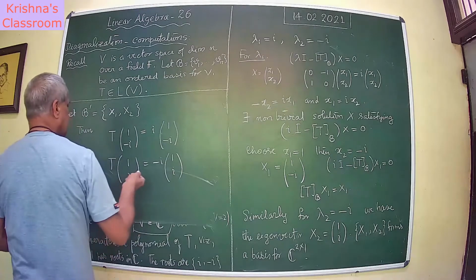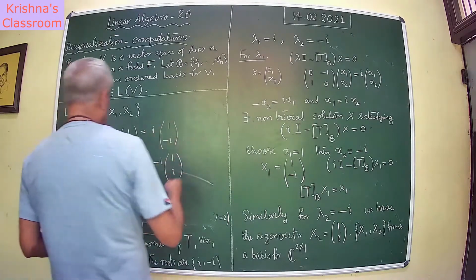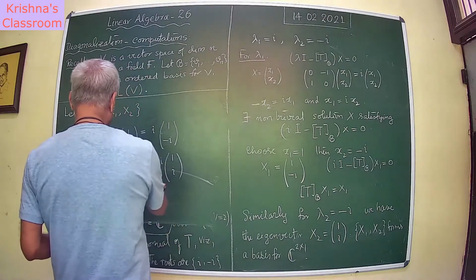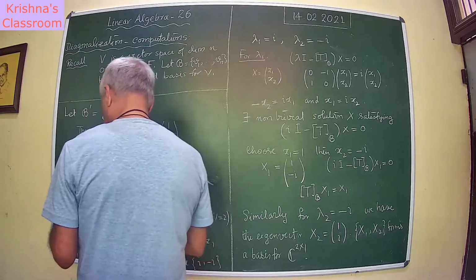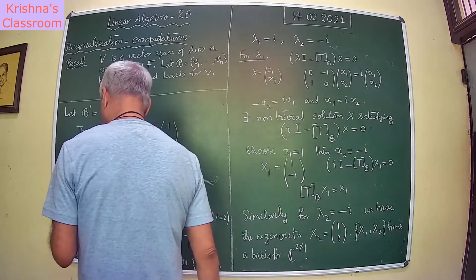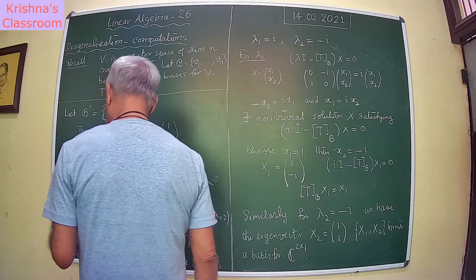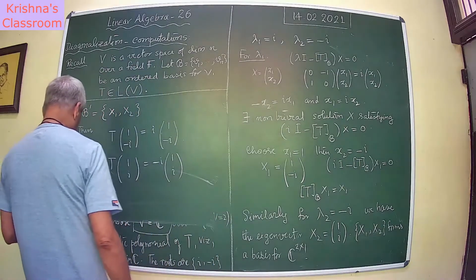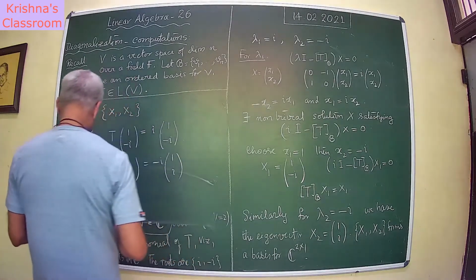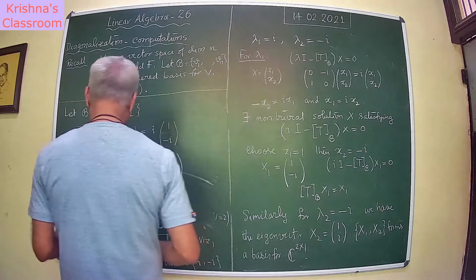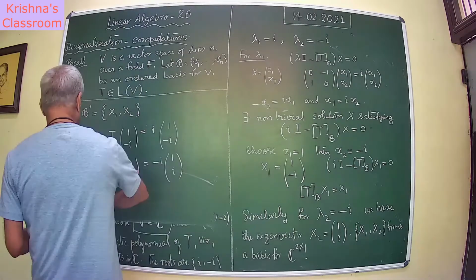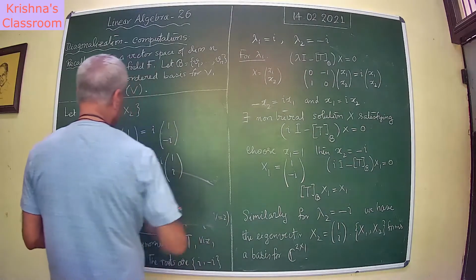You can write this x1, x2 split up in terms of 1 plus 1, 1 minus I and 1 plus I. Okay, so let us do that. Okay, therefore now we can write down the matrix of this.